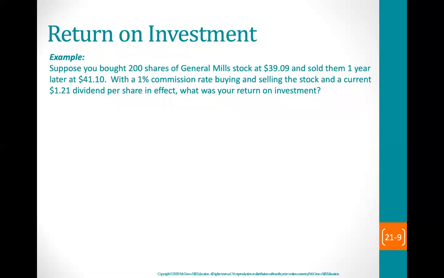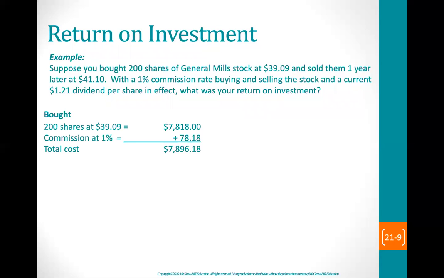So we've got to figure out first, how much did it cost us to purchase the 200 shares? How much did we sell them for? And how much dividends did we earn? And then once we figure all of that, we can calculate our return on investment. So first of all, we bought 200 shares at $39.09.